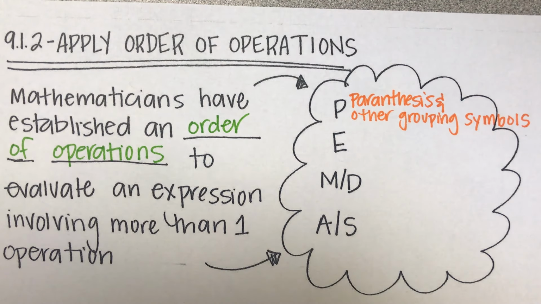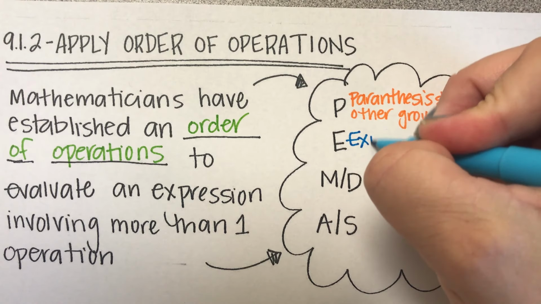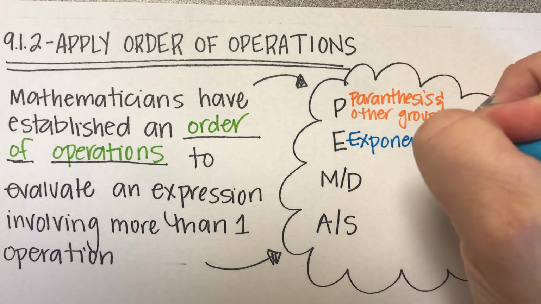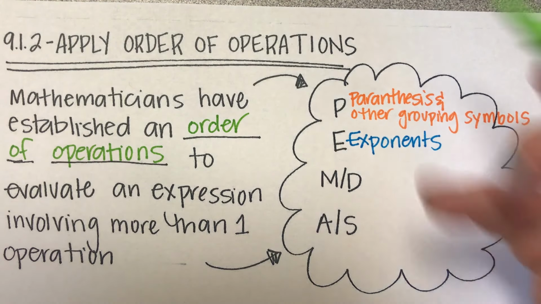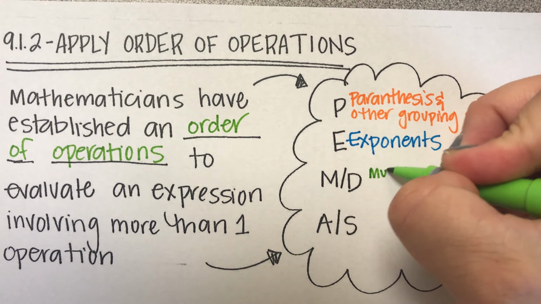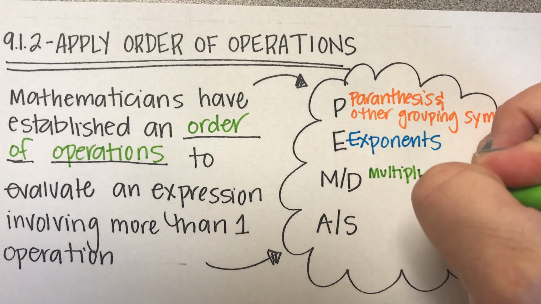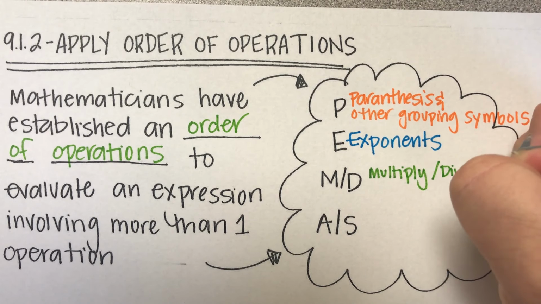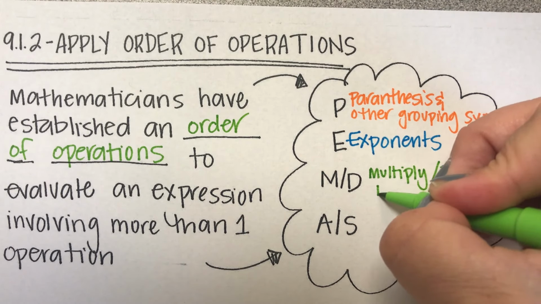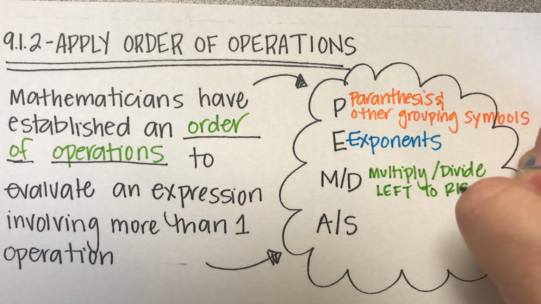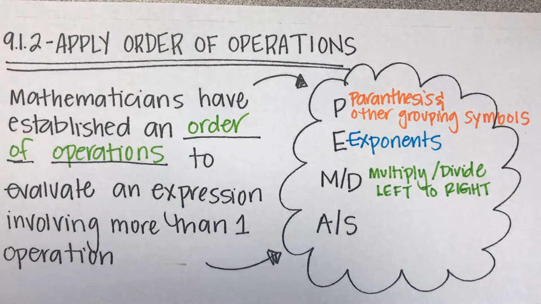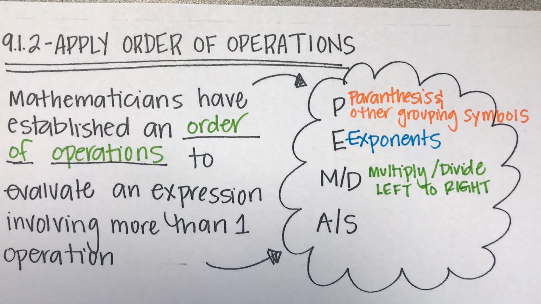Okay, then step number 2 is exponents. Step number 3 is going to be to multiply and divide, but then left to right. Okay, so multiply does not necessarily always come before divide.